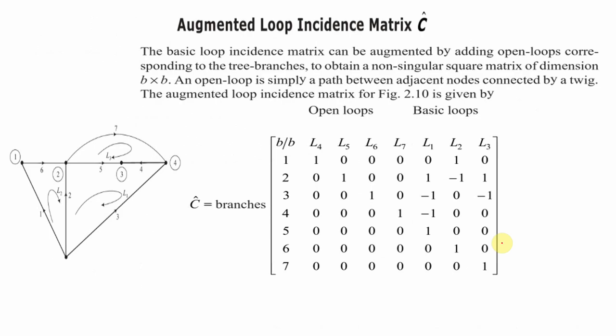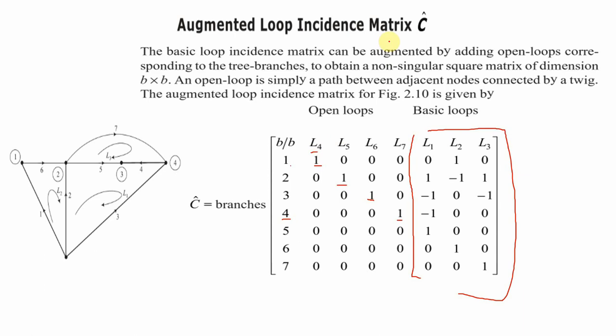Now the augmented loop incidence matrix; here also do the same things. Already we have calculated this one, right? Now the remaining branches are among the total 7 branches. So for loops number 4, 5, 6, 7, you directly write down the diagonal elements 1, 1, 1, 1.